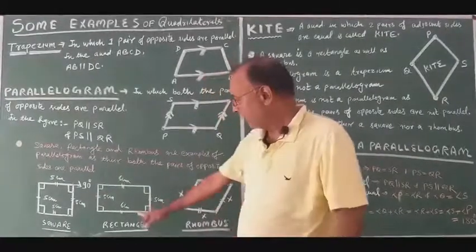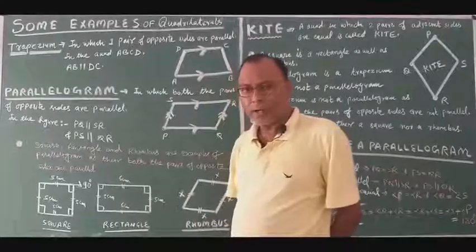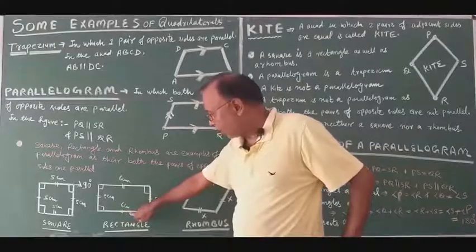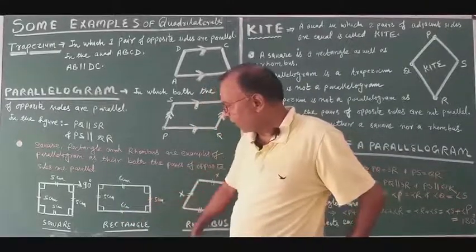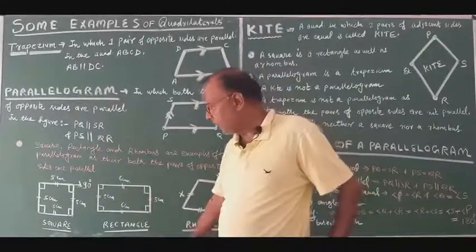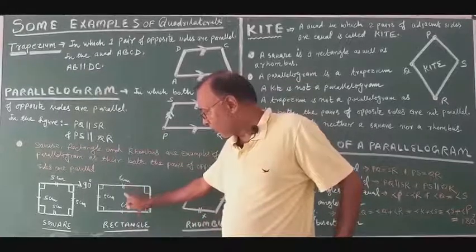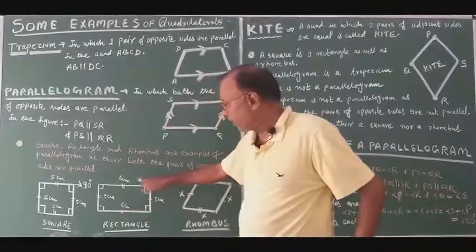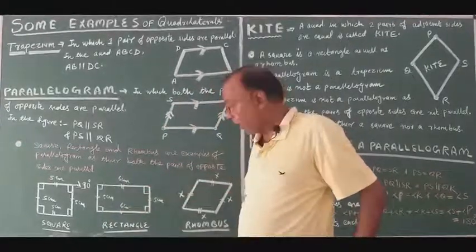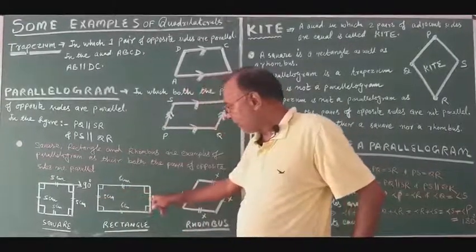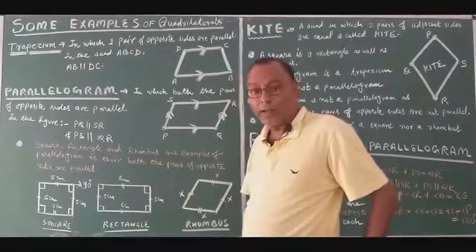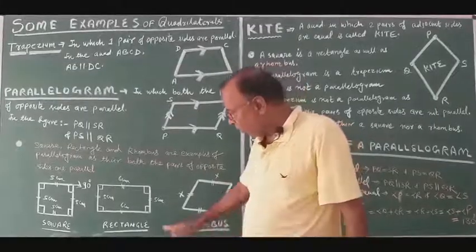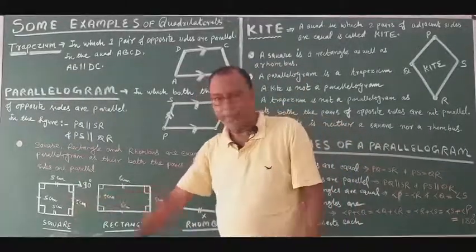Now the next one is rectangle. Just look here. This side is 6 centimeter, this is 5 centimeter, this is again 6 centimeter, and this is 5. Both the pairs of opposite sides are equal, and all the angles are 90 degree.